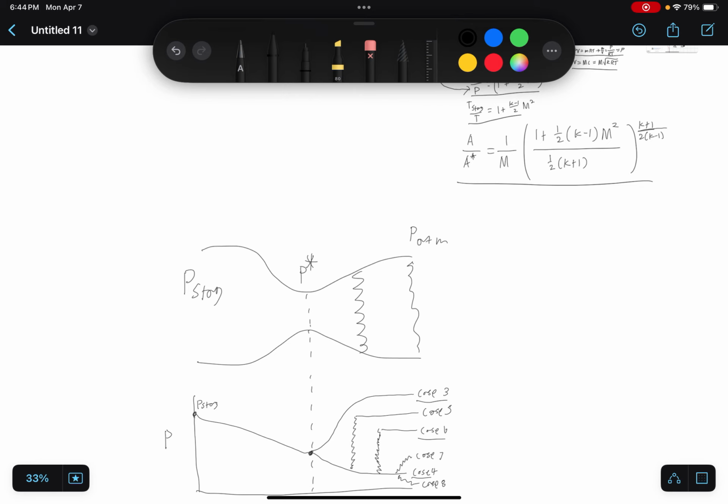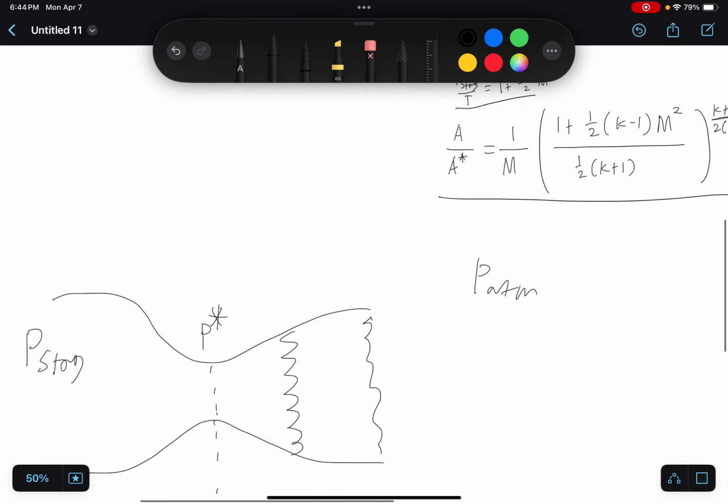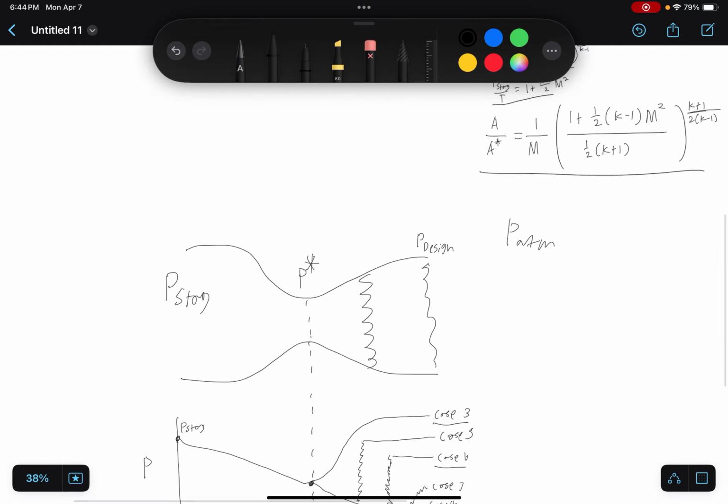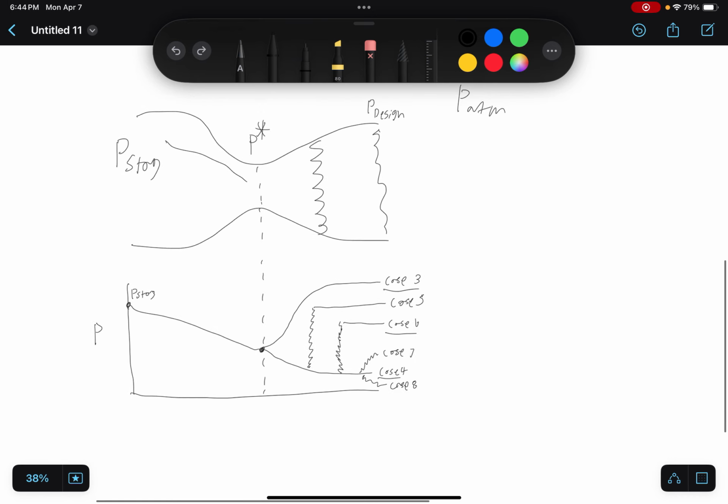And technically P ATM is surrounding. But right at the exhaust you have, what do I call it? P design. Yeah, I'm going to call it P design. So as we showed with this plot, the pressure just goes down. It starts high, then it goes lower, and then it goes lower. Ideally, you're at a case 4.